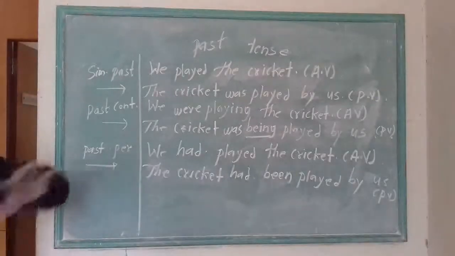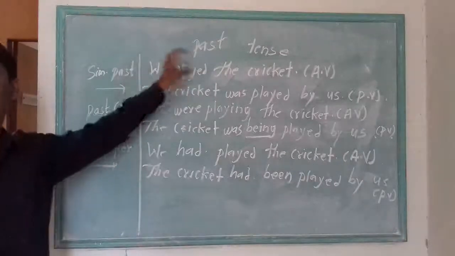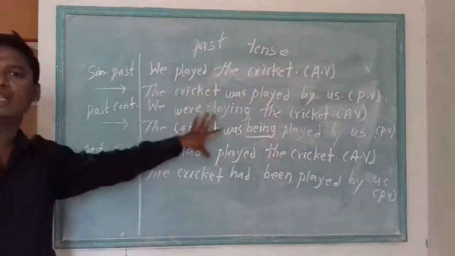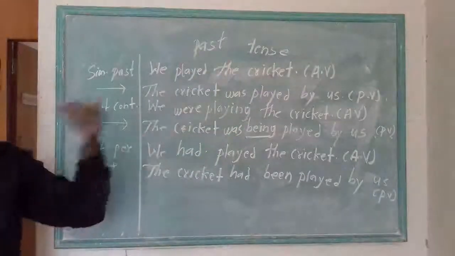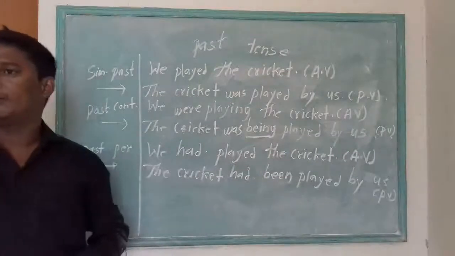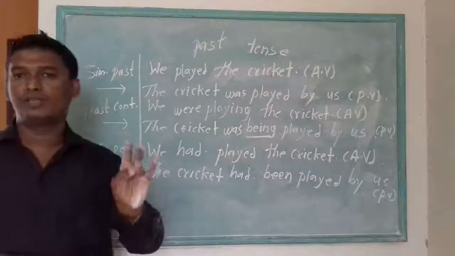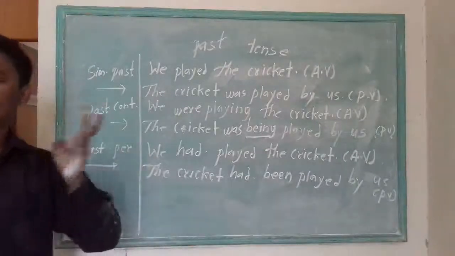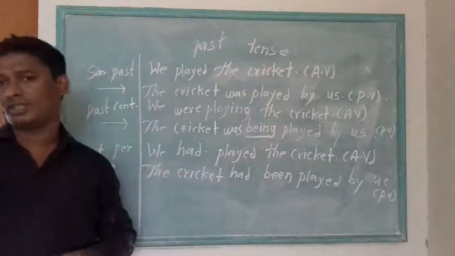We have taken one example for present tense as well as for past tense. Now only one tense remains, that is future tense. In future tense, just two kinds of tenses can be changed into passive voice, that is simple future and future perfect. Future continuous and future perfect continuous cannot be changed.